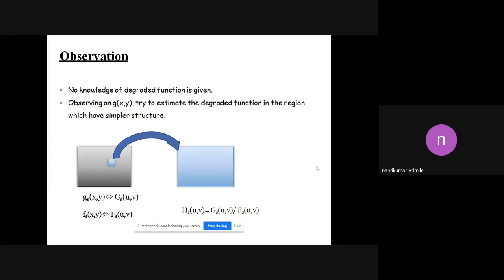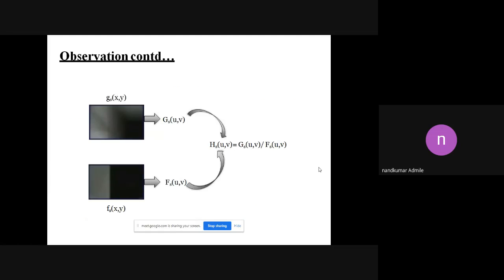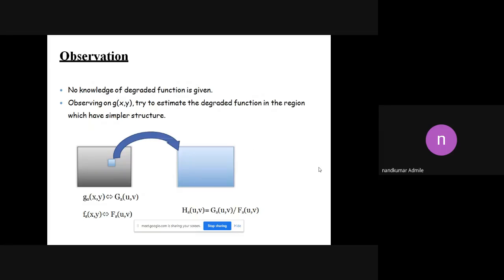In the first rectangle we can observe a small square, and the second rectangle is only a plain rectangle. By looking at these two rectangles, we can compute the degradation function. The degradation function can be noted with the symbol letter H.